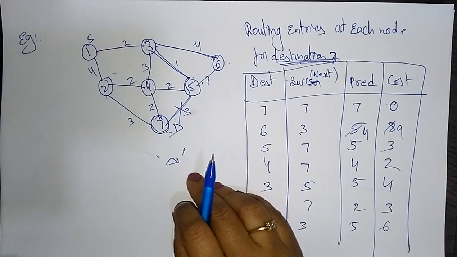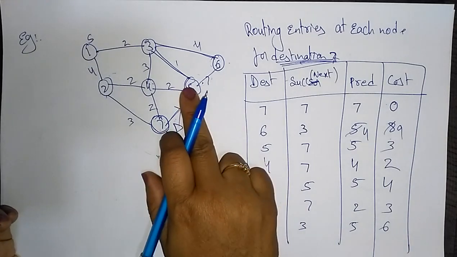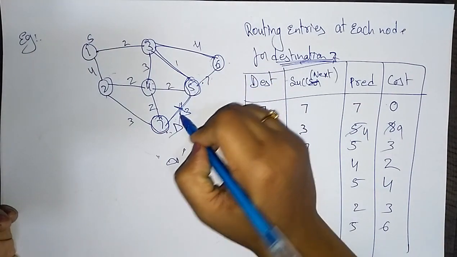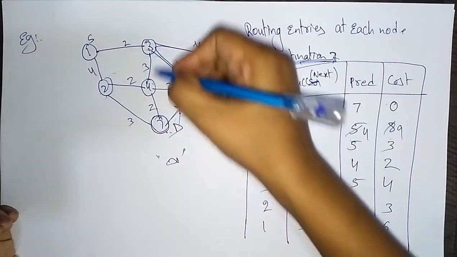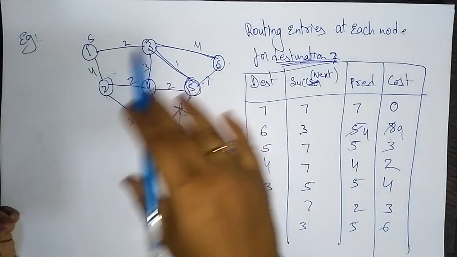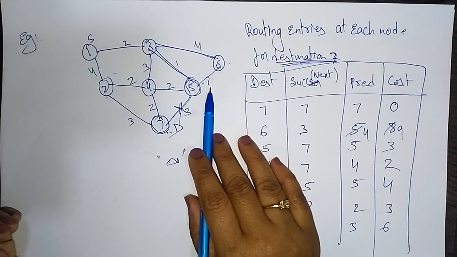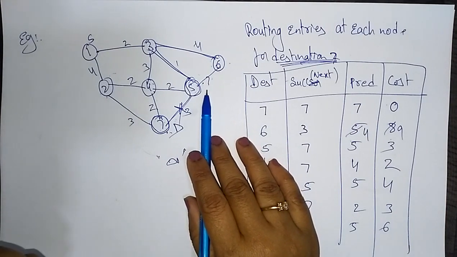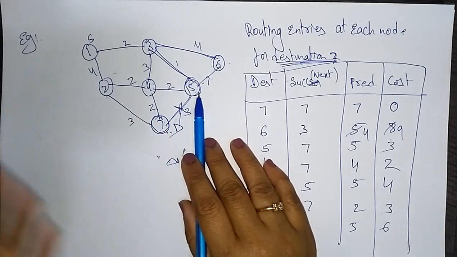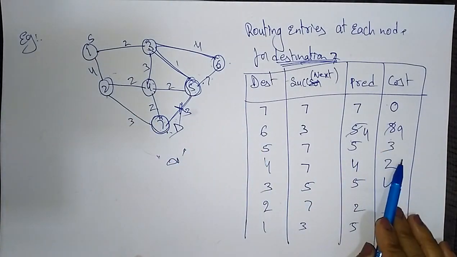All affected nodes update their route when they receive the update message. Here, when this line breaks, this node is affected, this node is affected, so these 3 nodes are affected. Those nodes receive the update messages.